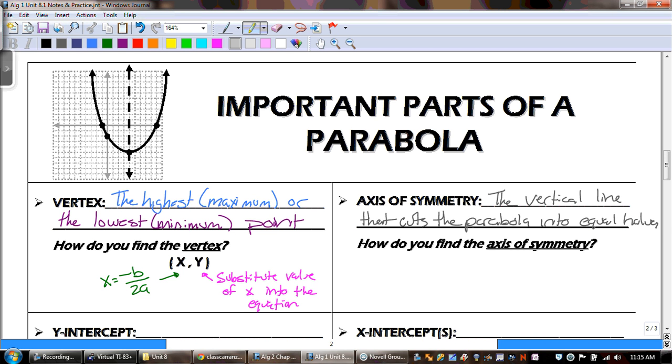So let's go through this real quick. The vertex is that lowest or highest point, so there's my vertex. The axis of symmetry is this line right here that's cutting it down. And if you notice, the left side and the right side are the exact same. That's called symmetry. And how do we find that? Well, we would use the equation x equals the opposite of b over 2a.